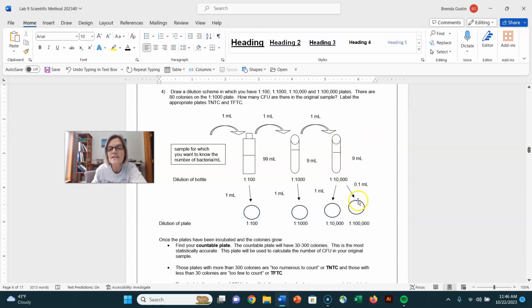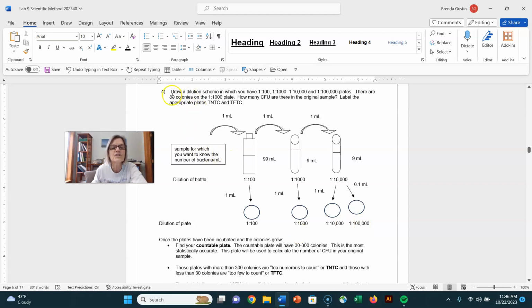So this is just a way to save on one tube. So for this last one, my 1 to 10,000 dilution, if I put 1 milliliter on my agar plate, I have a 1 to 10,000 dilution. If I put 0.1 milliliter from here onto my plate, I have 1 to 100,000. You're going to see that on the virtual lab also.